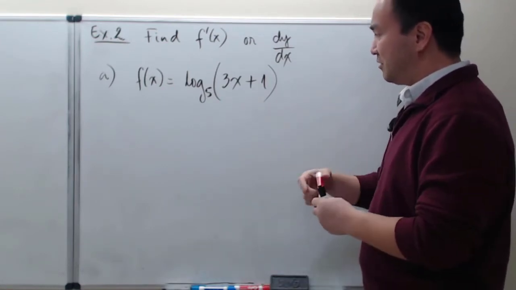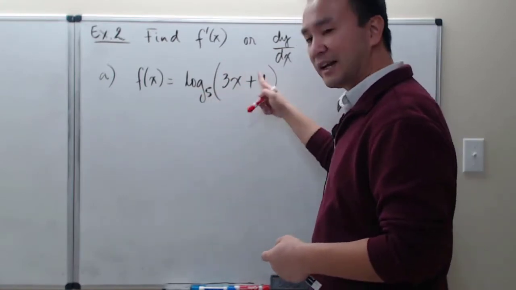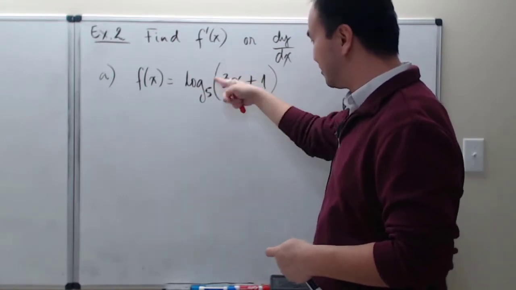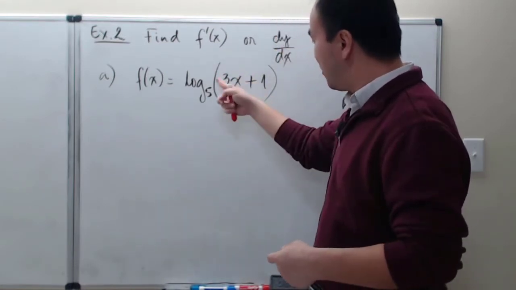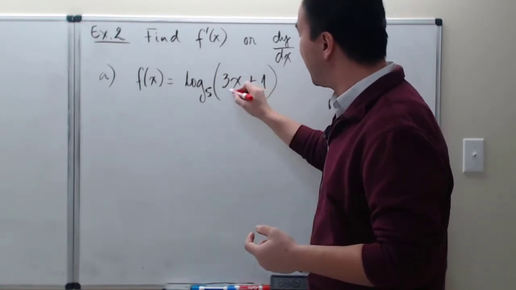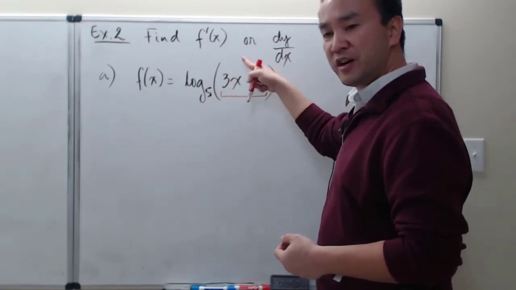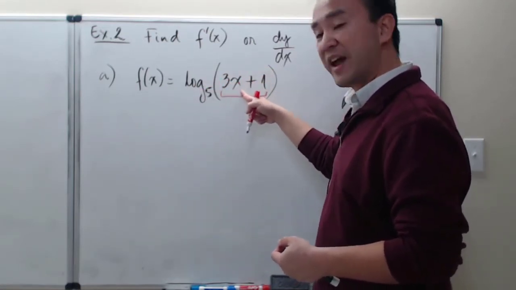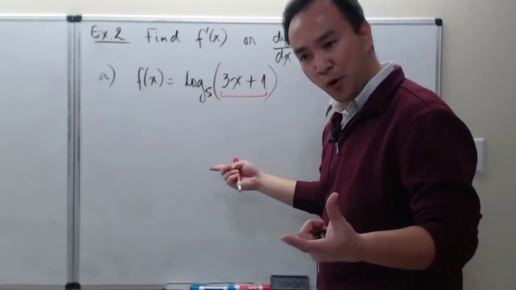The logarithm is base 5, but unlike the earlier problems, where inside the logarithm there was only a single x variable, now inside the logarithm there's the entire 3x plus 1. So my point is that we have an expression of x inside the logarithm instead of a simple x variable.